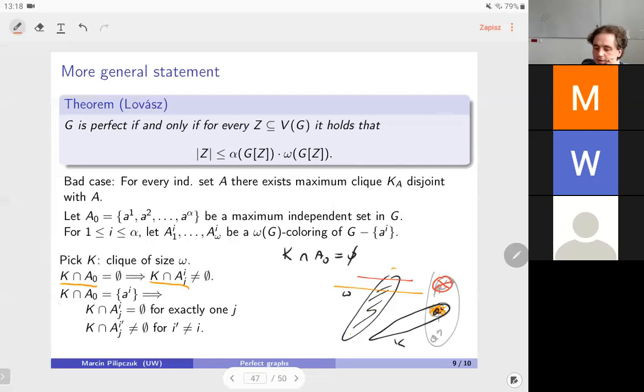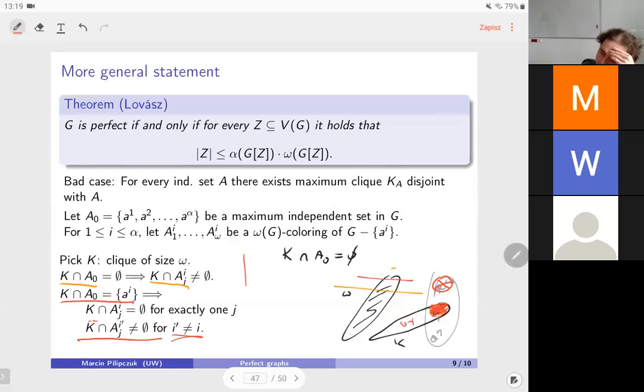That's written here: for all the other guys, you're still intersecting every color class. And if you deleted this guy, then this becomes a clique of size omega minus 1, so you're intersecting all but one color classes.